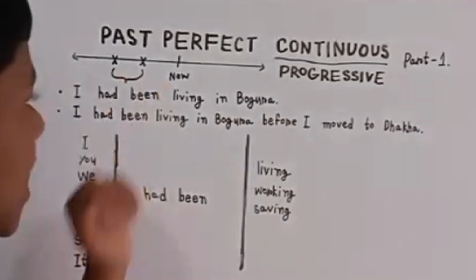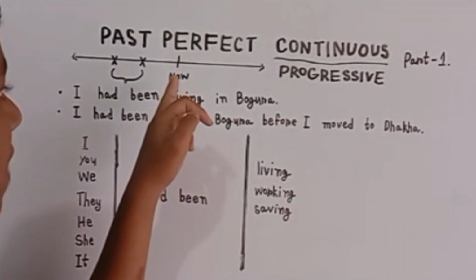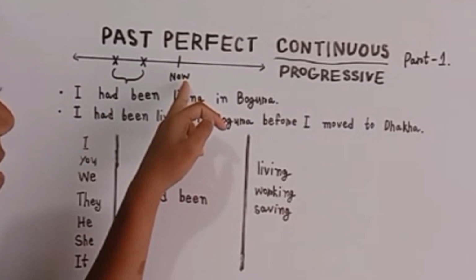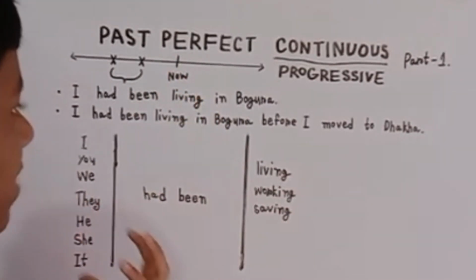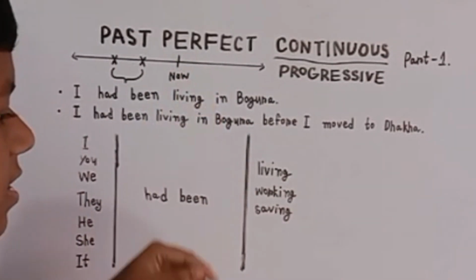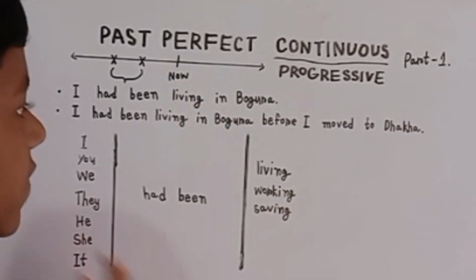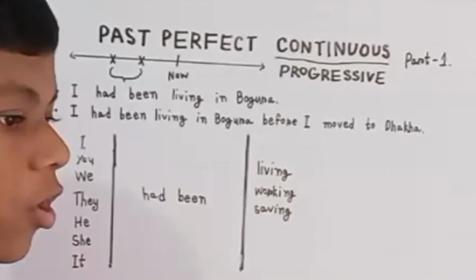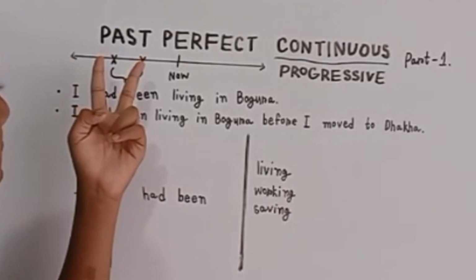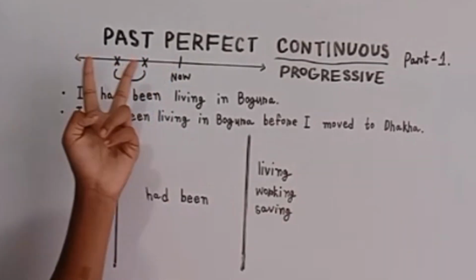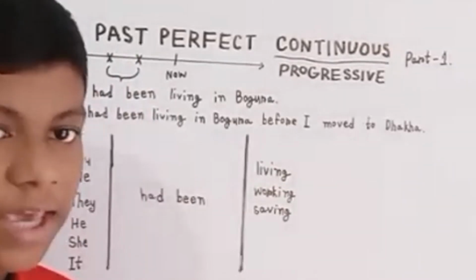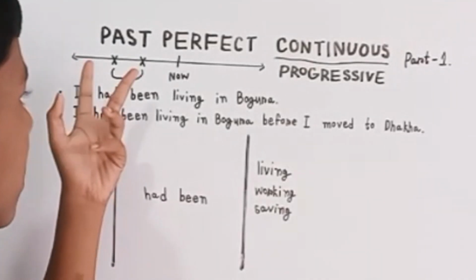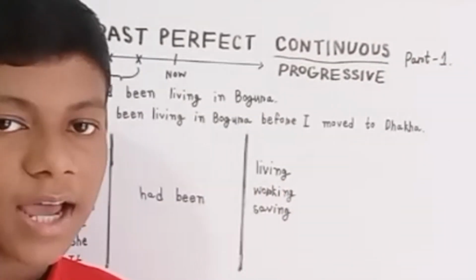So here, see the timeline. Imagine this is the timeline, and imagine it's 11 o'clock right now. We can see two x's on the axis, and these two x's are the past timeline.